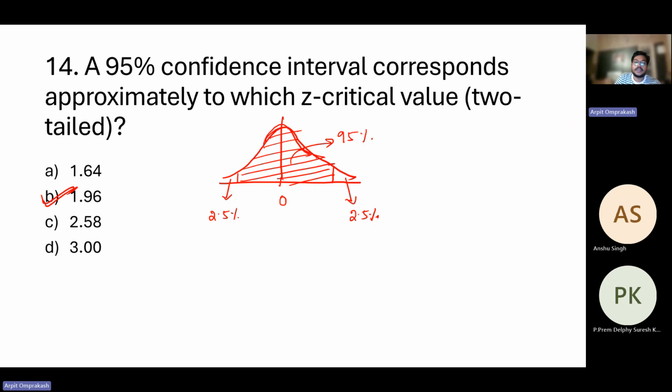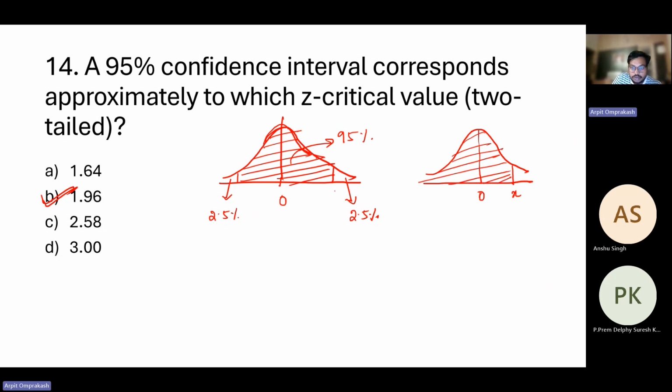And what our table gives us, for a given x, is the area to the left of it.